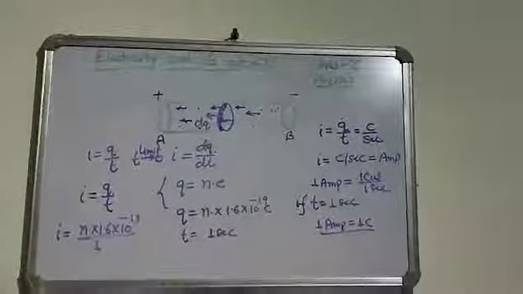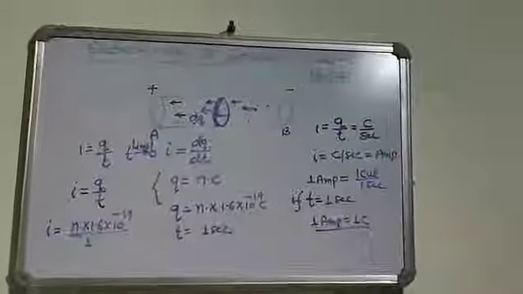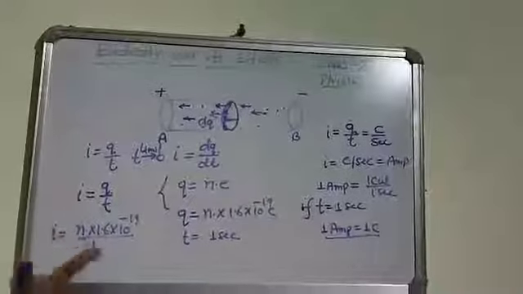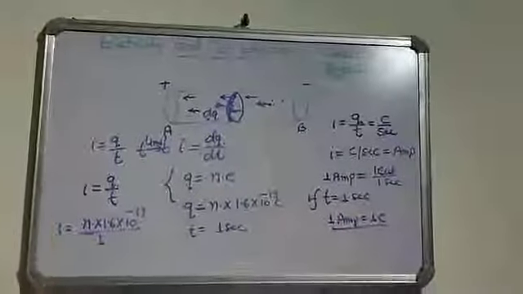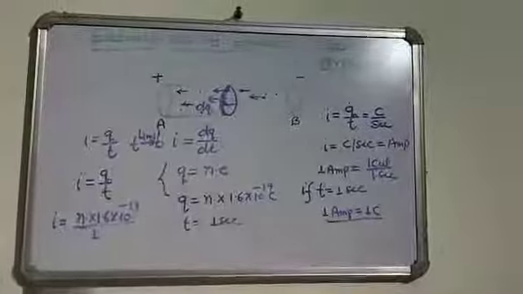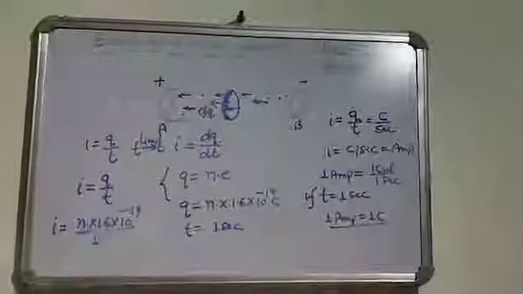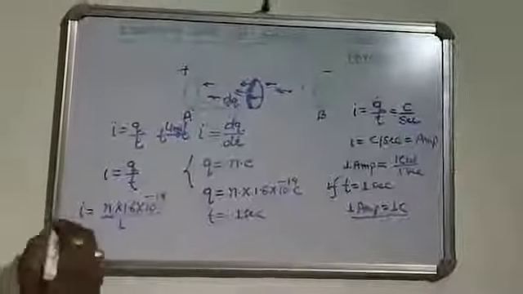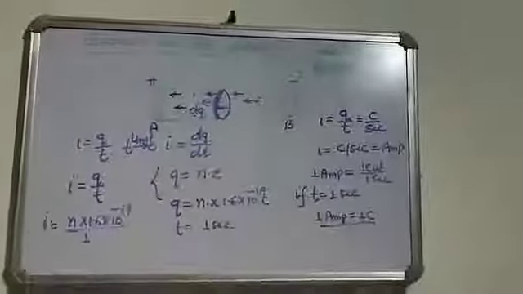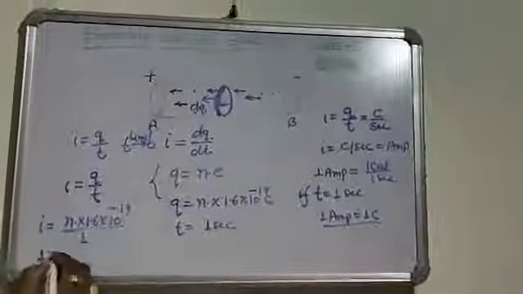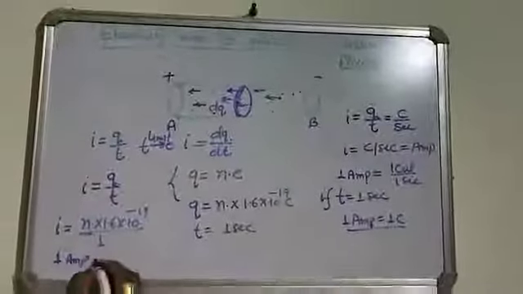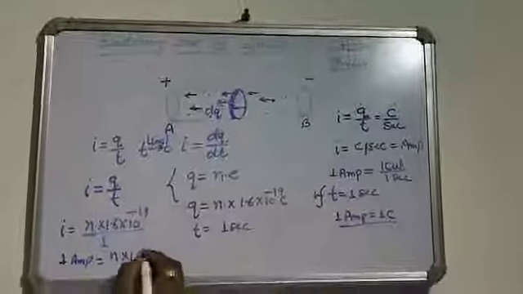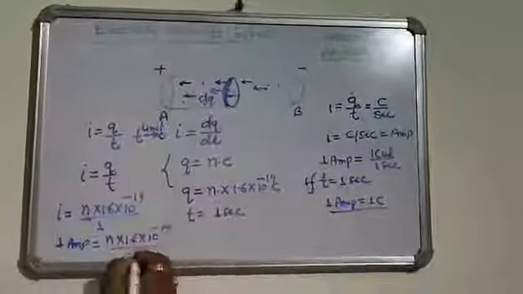And the question is, how many electrons pass through a conductor in 1 second for 1 ampere? So we can put the value here, I equals 1 ampere. 1 ampere is equal to N into 1.6 into 10 to the minus 19 by 1.